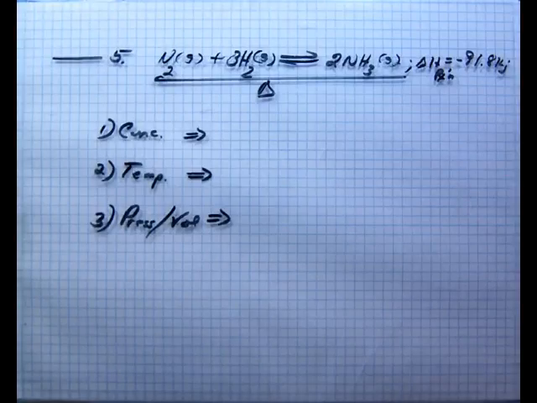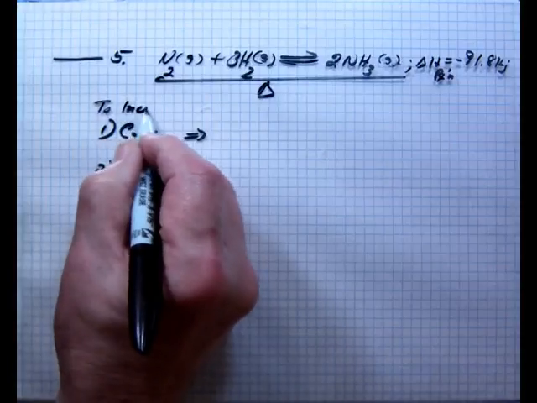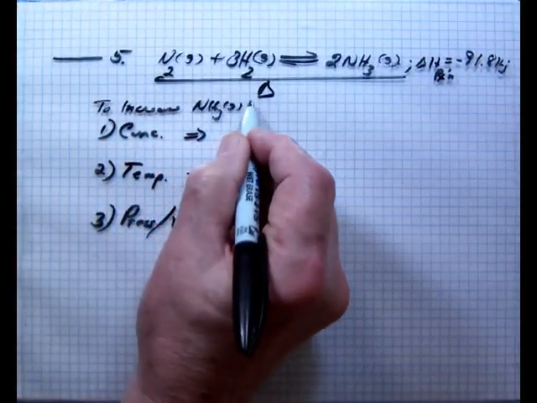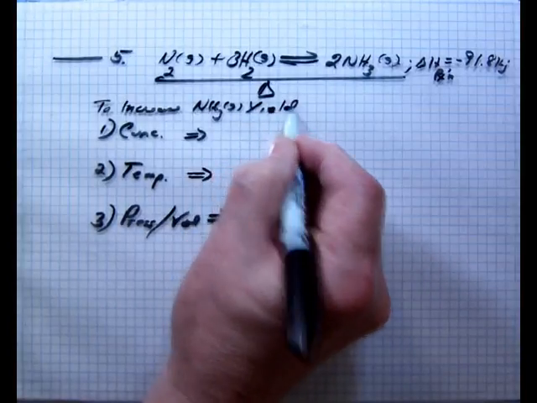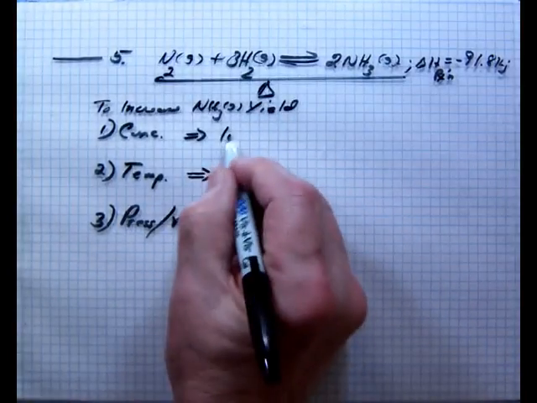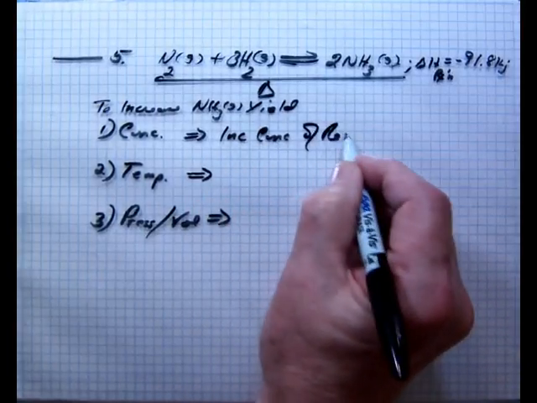All right. So to increase NH3 gas yield, and we want to take into account a concentration, we increase concentrations of reactants.